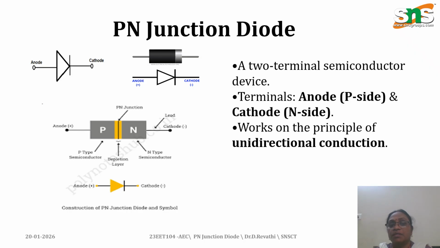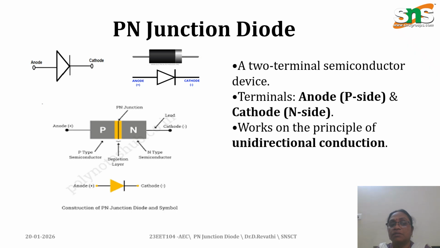This picture consists of three-fourths black and one-fourth silver. If you go to the lab and ask for a PN junction diode, it looks like this picture.